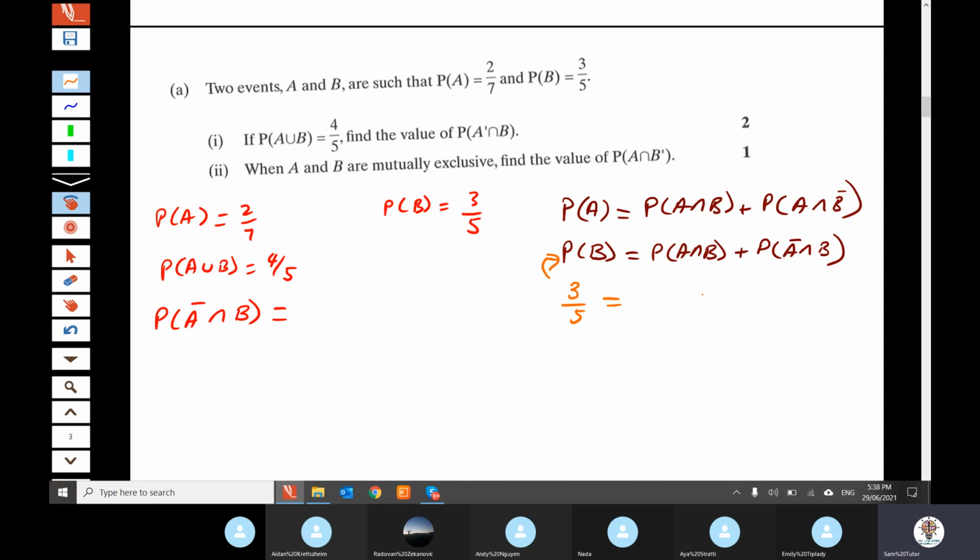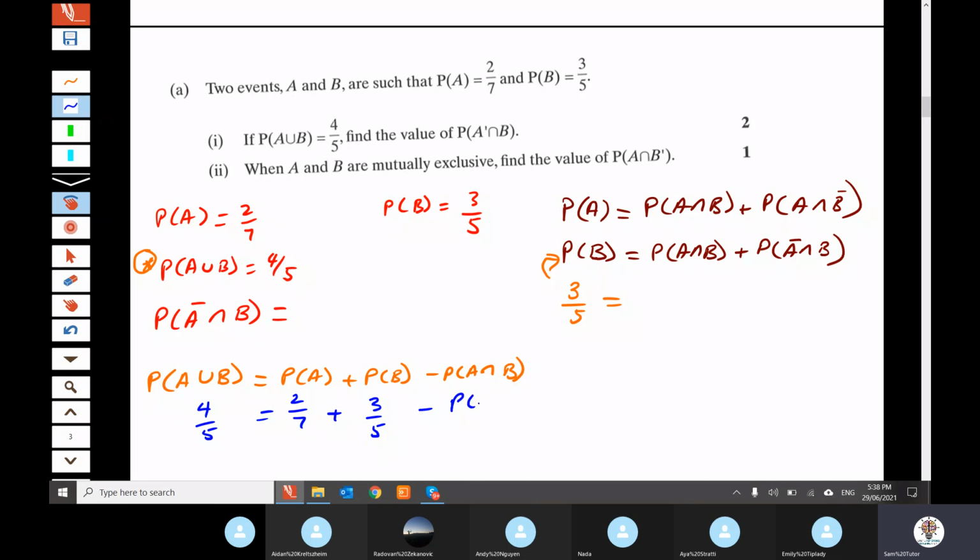Any ideas of finding the probability of A and B now? Maybe think of this formula. What's the probability of A or B equal to? You said it before. Probability of A plus probability of B minus probability of A and B. Then the probability of A we know is 2/7, the probability of B is 3/5, and the probability of A or B they gave us as 4/5.